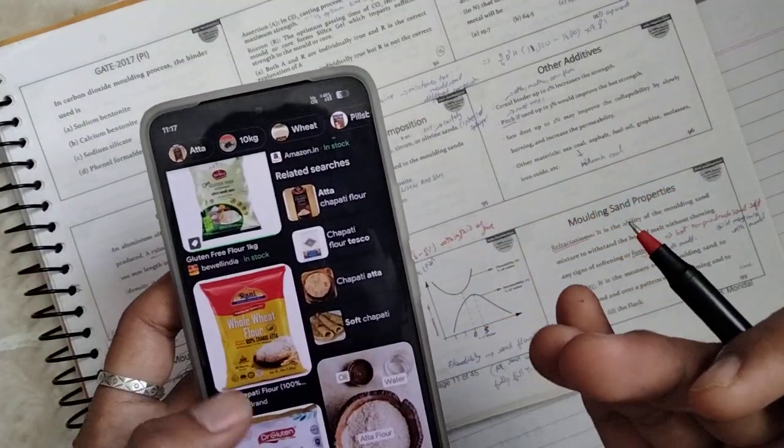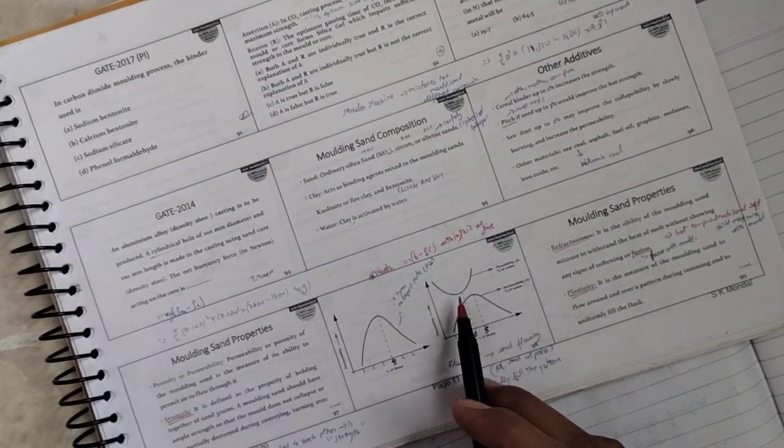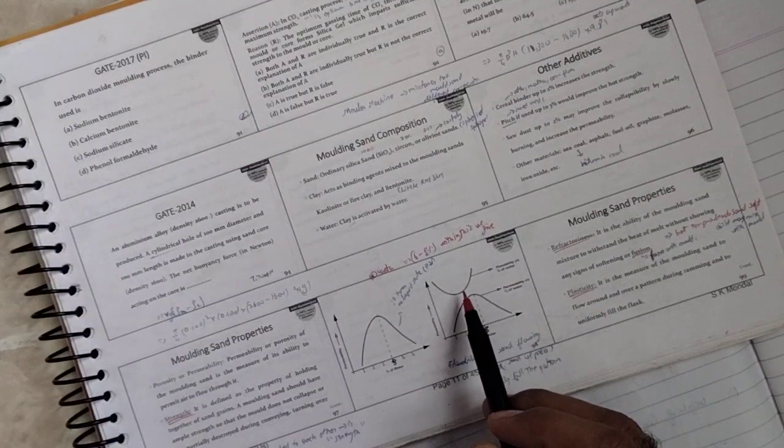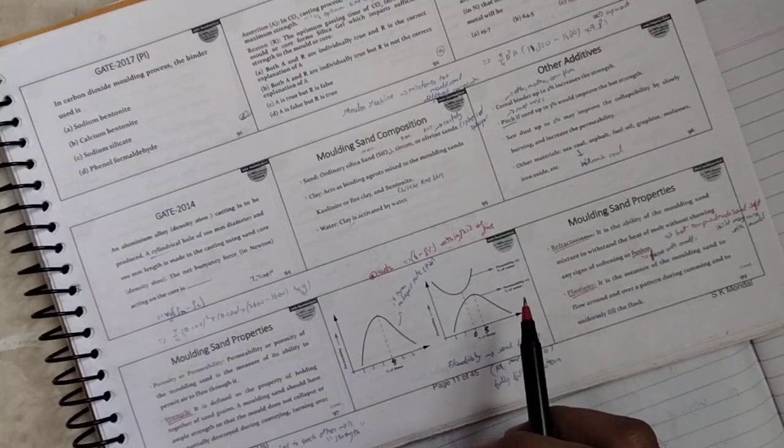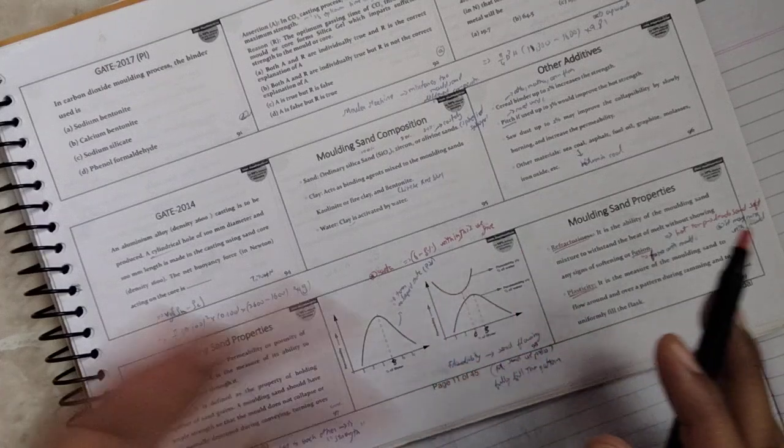But later on, when you add an excess amount of water, the flowability will increase and it will turn to a liquid state. So generally water should be within 6 to 8%, so we can just give that, that's it.